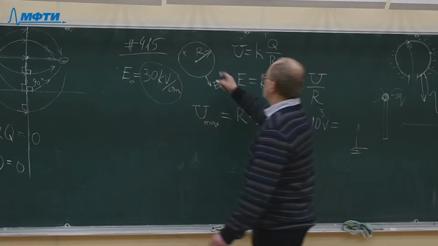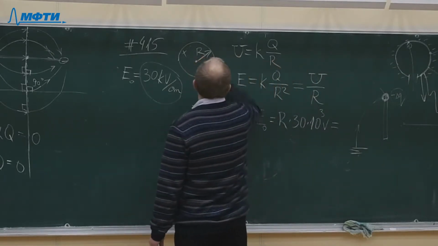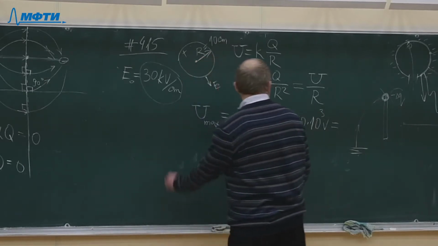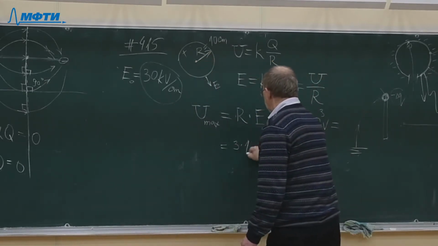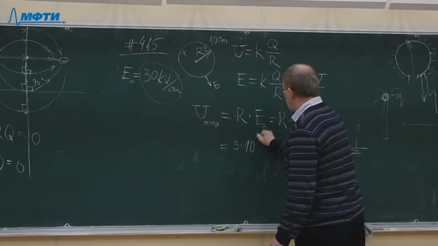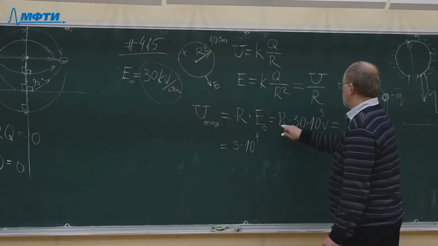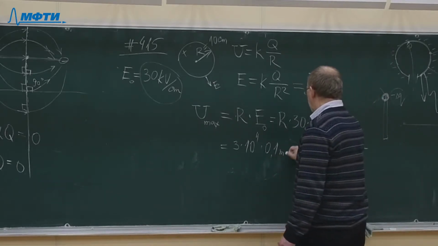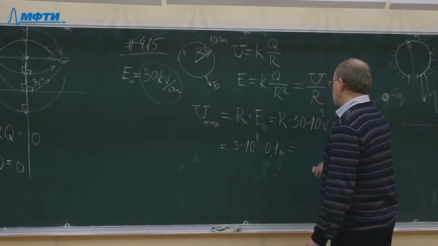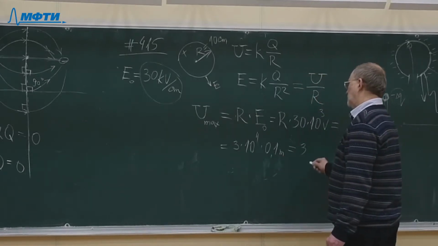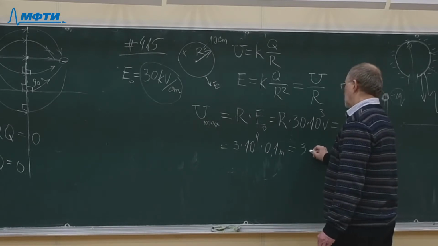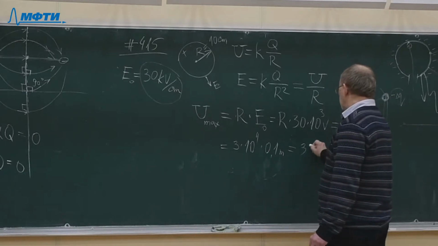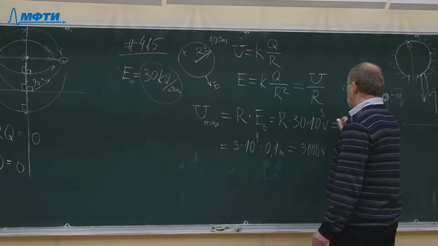For example, if radius is equal to, well, say 10 centimeters, then we obtain here 3 times 10 to the 4th power in the international system times 10 centimeters, which is 0.1 meter, and that will give us 3,000 volts.